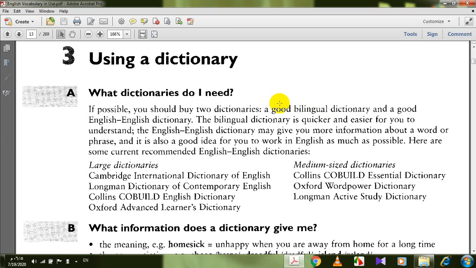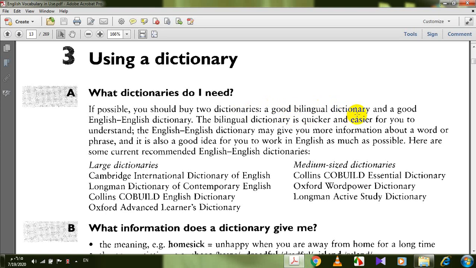Is an English dictionary a bilingual dictionary? No. An English dictionary is a monolingual dictionary. A bilingual dictionary encompasses 2 languages. It translates from the target language, English for example, into your mother tongue, or vice versa, from your mother tongue into the target language, which is English in this case.